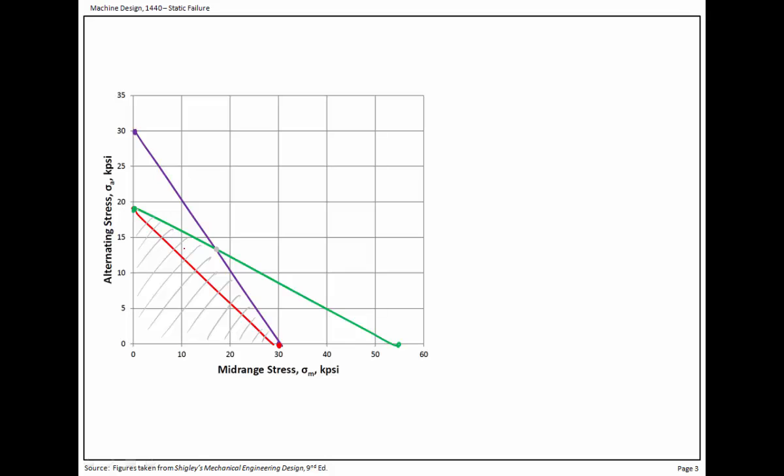So I'm going to actually calculate the mid-range force, because we're told that it fluctuates between 20,000 pounds and compression of negative 5,000, right? So I'm going to make sure that we use the correct signs, so that the mean force, probably don't want to use average because we get confused with an A subscript, is going to be 7,500.